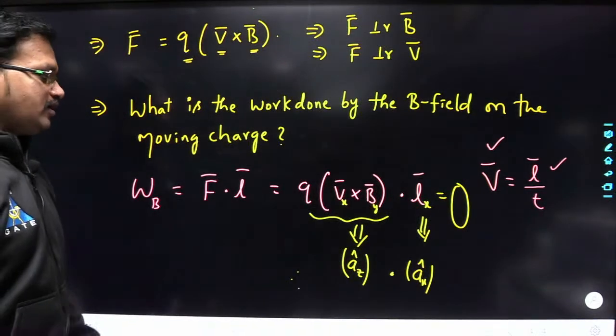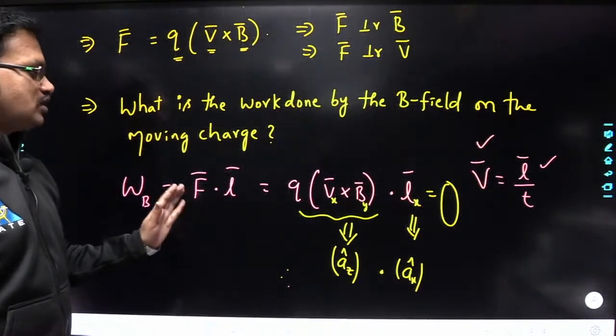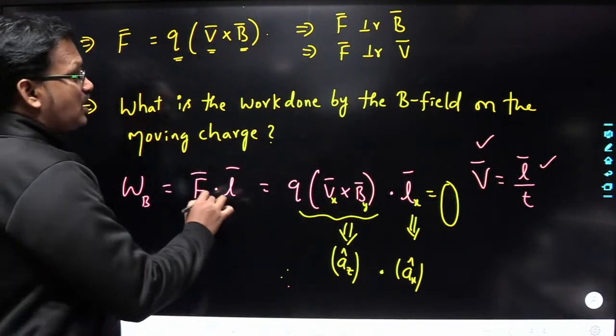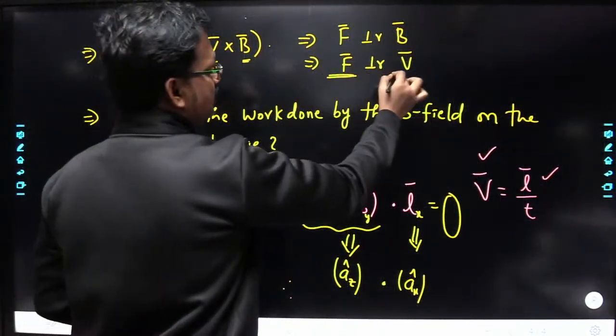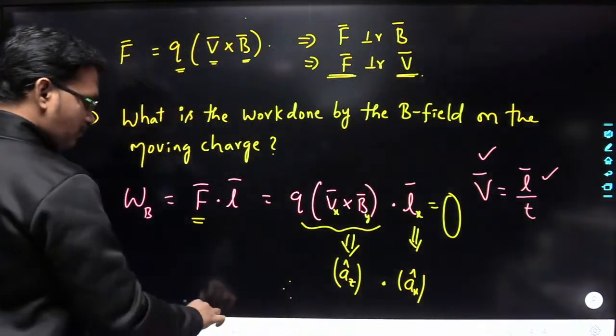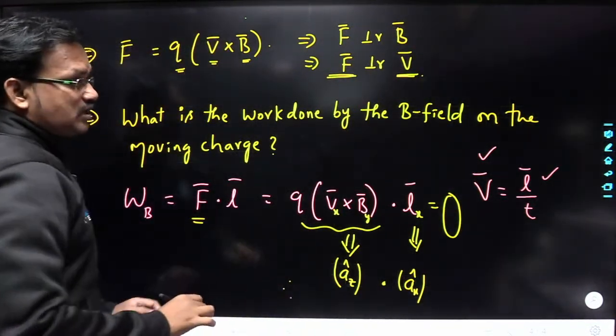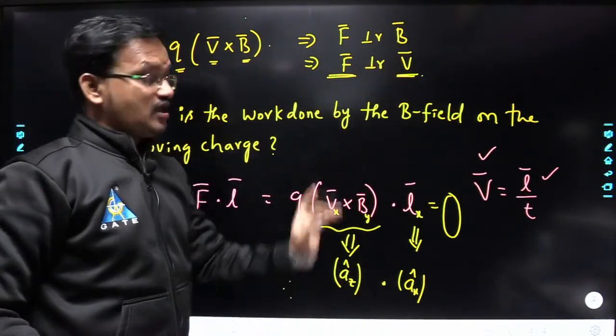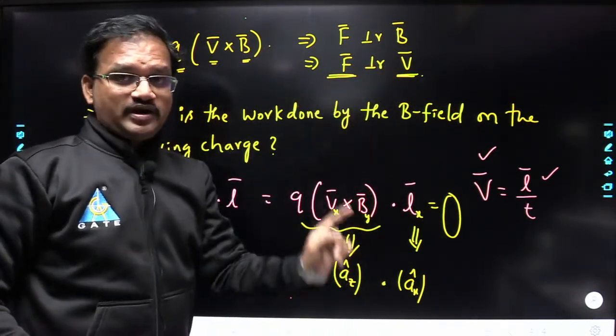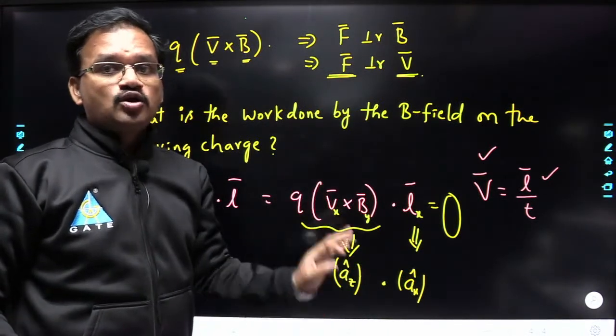Understood? Why? Because the force and velocity both are perpendicular to one another, and the direction of displacement must be same as the direction of velocity. So force and displacement are also perpendicular to one another.